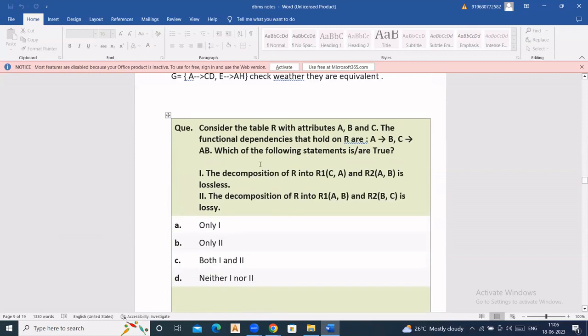Please answer this question. It's a previous year GATE question. I don't know the year actually. You have to answer in A, B, C, or D like that.